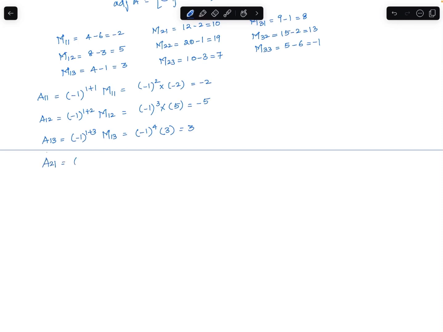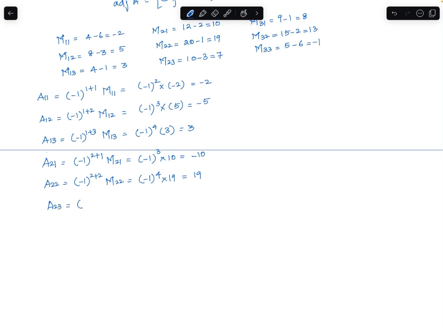A21 is equal to minus 1 to the power 2 plus 1 times M21, minus 1 to the power 3 times 10, which is minus 10. A22 is equal to minus 1 to the power 2 plus 2 times M22, that is minus 1 to the power 4 times 19, which is 19.